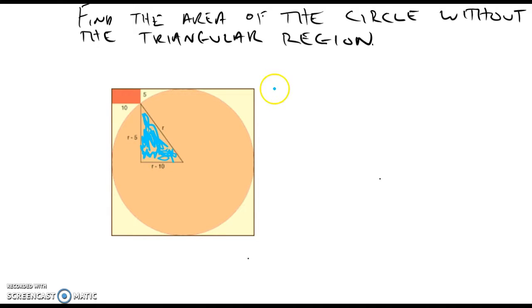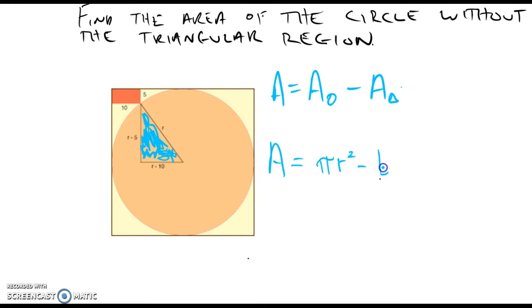A is equal to the area of the circle, and we're going to subtract the area of the triangle. So the area of the orange region is pi r squared, which will give you the circle, minus base times height divided by 2, area of the triangle.